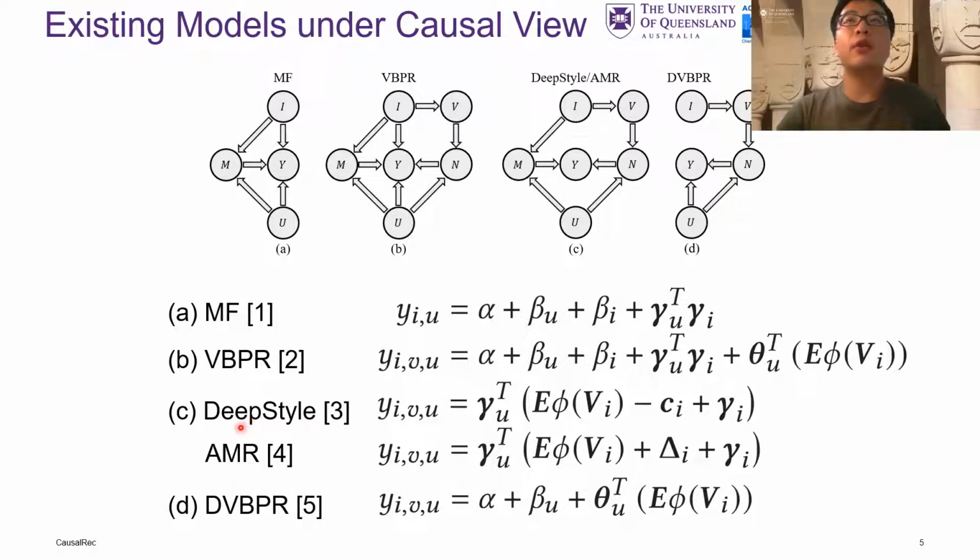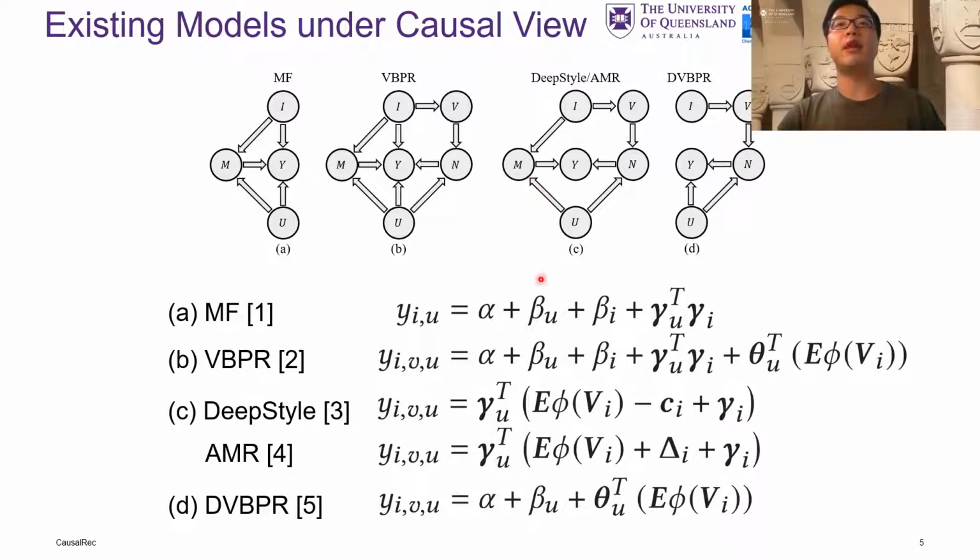For the other two baselines, DeepStyle and the AMR model, they're quite similar. Their causal graph is also quite similar to VBPR, except that they don't have the direct causal effect of node I and node U towards node Y. This can also be seen from their formulas here. They just have a user term, and this user term is multiplied with the visual term and the item term.